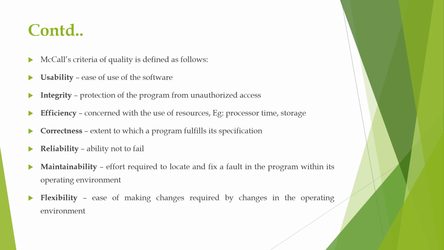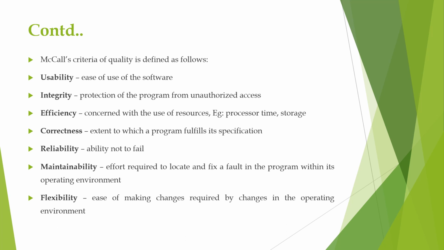The next one, correctness. Correctness means the extent to which a program fulfills its specifications. So after getting all the specifications, it should be easy to adapt. And the next one is reliability. It means the ability not to fail. The product should get all the specifications and all the requests and it should be reliable to everyone.